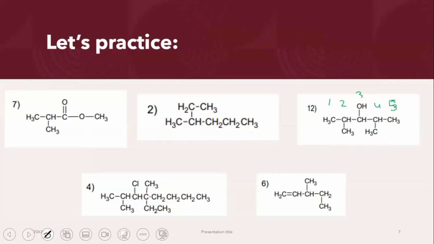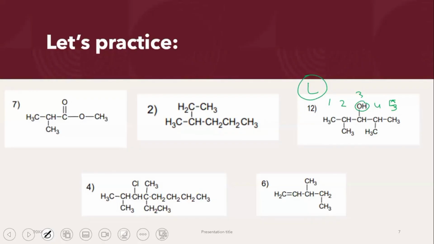When I'm going to be naming the compound, I have decided to pick the left side. Normally, you pick the side which gives you the smallest number. But remember, the functional group is the important one, so we will take a look at the functional group. The OH is on carbon atom number 3. If I count from the right side or the left side, it's the same. So let's say I decide to go for the left side.